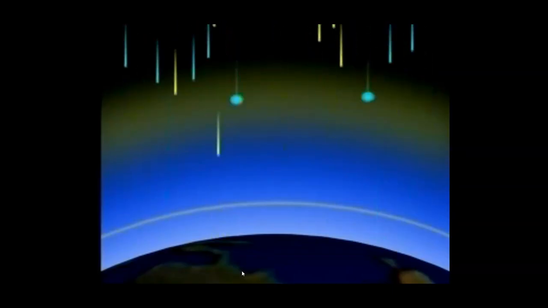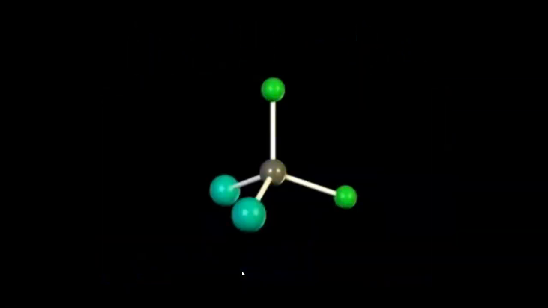The stratospheric ozone layer, so important to life on Earth, can be depleted by catalytic chemical processes. In recent years, man-made chemicals have contributed to the loss of stratospheric ozone. Among the most important of these are chlorofluorocarbons, or freons. For example, Freon 12.